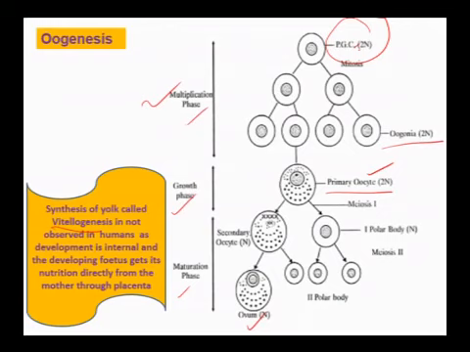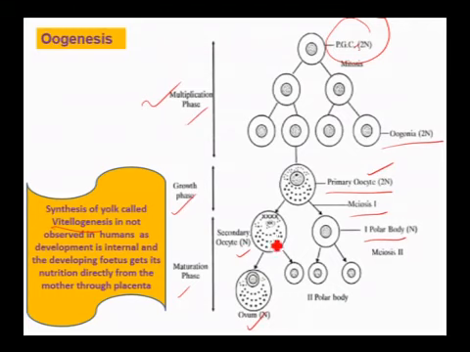They are diploid in nature. Primary oocytes undergo the maturation phase. Primary oocytes undergo meiosis 1, an unequal division. As a result, the primary oocyte gives rise to one larger cell called the secondary oocyte, and a smaller body known as the first polar body or first polocyte. Both the secondary oocyte and first polar body undergo the second meiosis, again an unequal division.